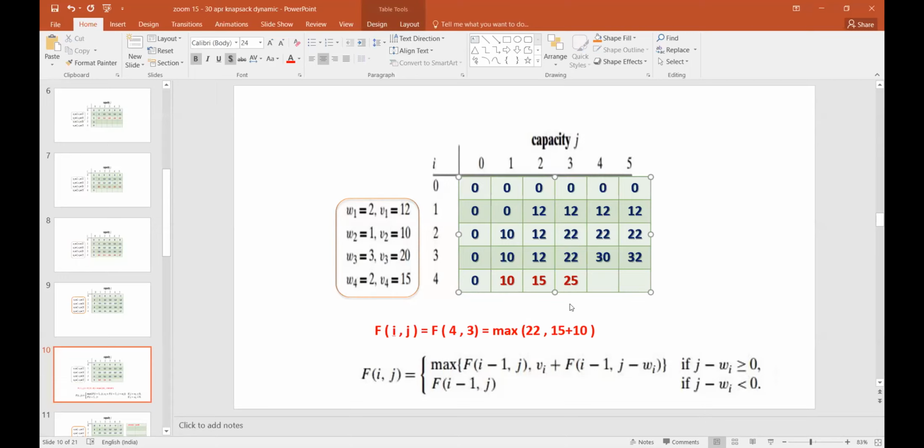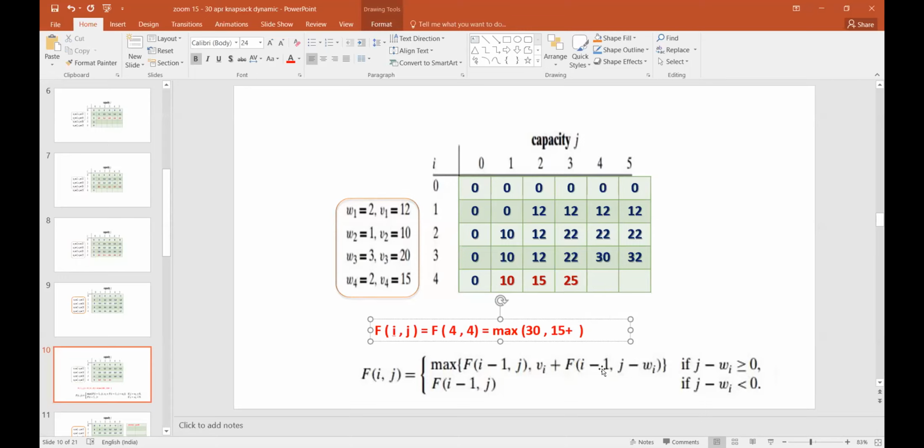Right? So if I increment the value of J again, it becomes 4 comma 4. So I'll compare 30, because the previous value 30 I will take as it is. Next 15 I will keep as it is, because the value of I remains common. What is this now? F of I minus 1 is 3.